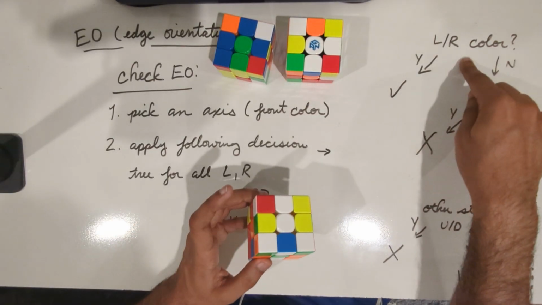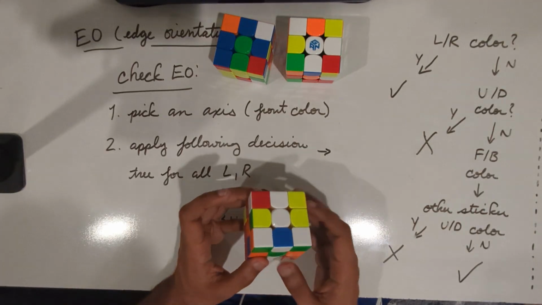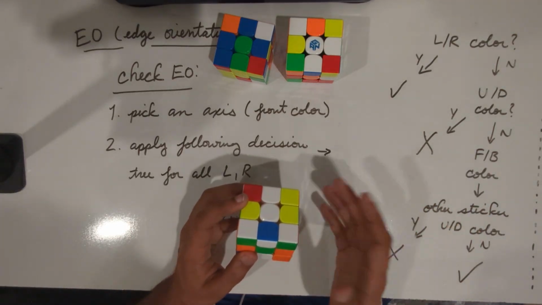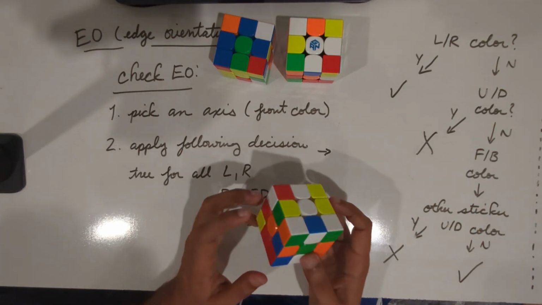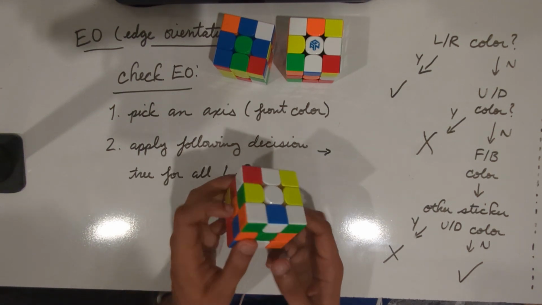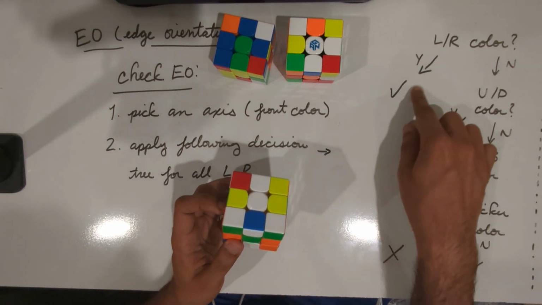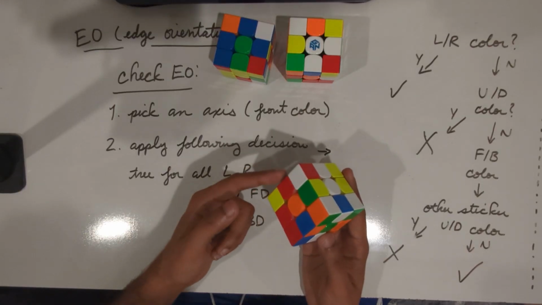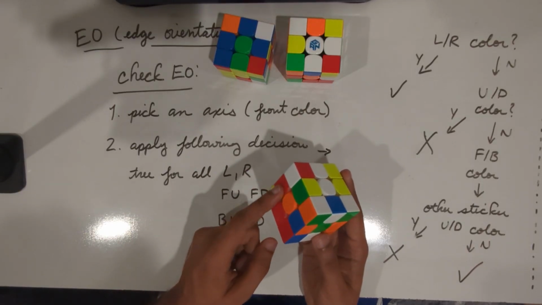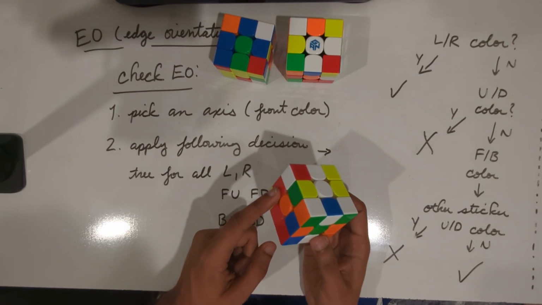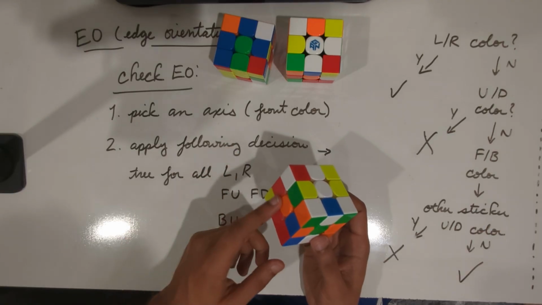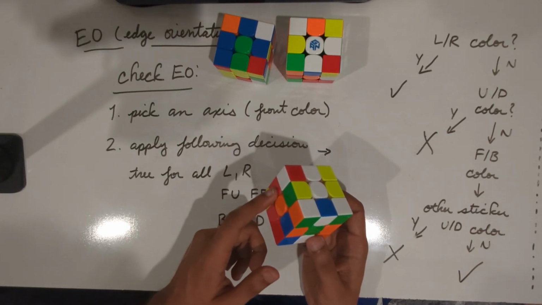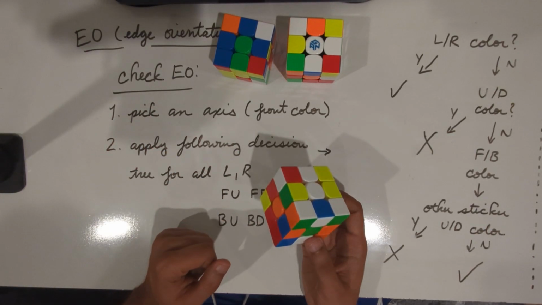The first thing that we're going to do is check if the sticker is an L or R color. So in this case, L and R are orange and red. So if it is, then the edge is always good. For example, this edge. I don't even need to check this sticker because seeing this, it's an R color, and therefore this edge is always good. I can always orient this edge without doing any F or B quarter turns.